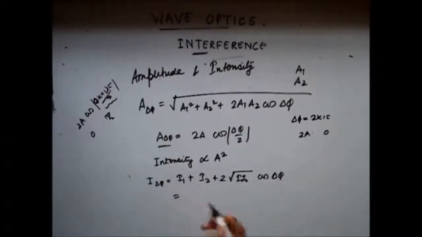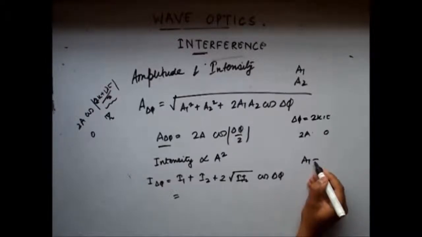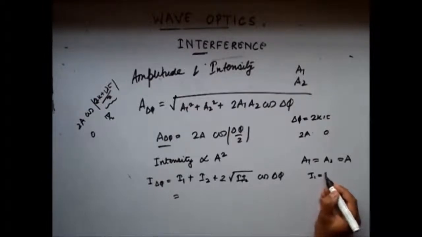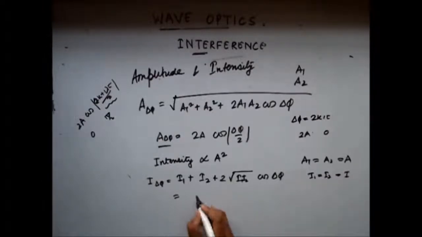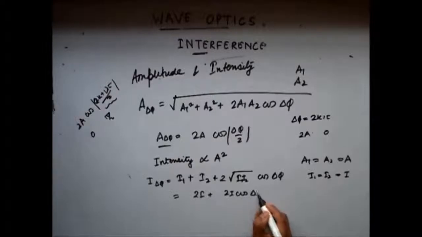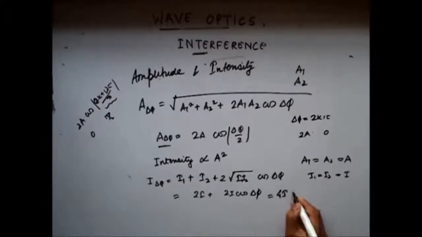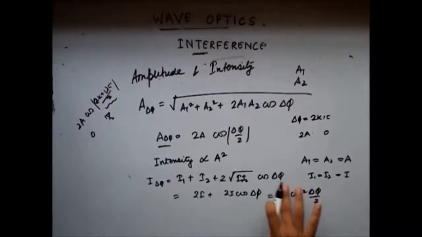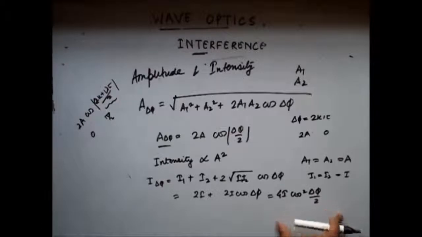If A1 is equal to A2 is equal to A, then I1 is equal to I2, let's say I. So this becomes 2I plus 2I cos del phi. Applying the formula for cos del phi, we can write this as 4I cos square del phi by 2. This is the average intensity seen by any instrument or by our eye at any point on the screen.